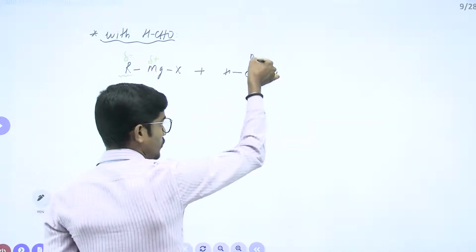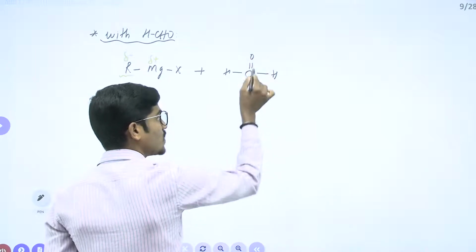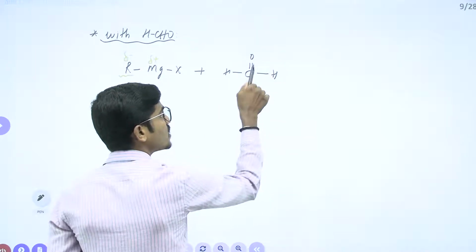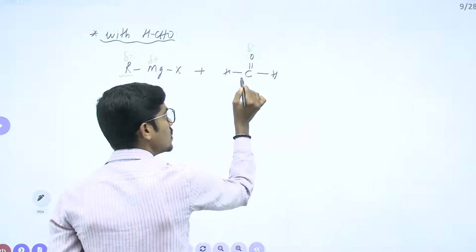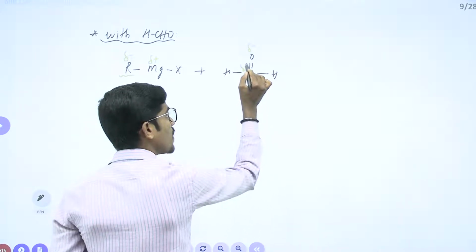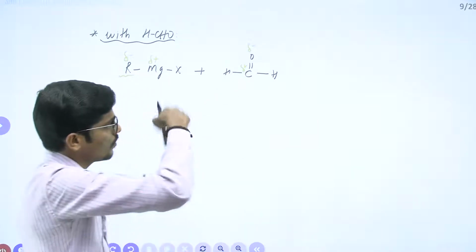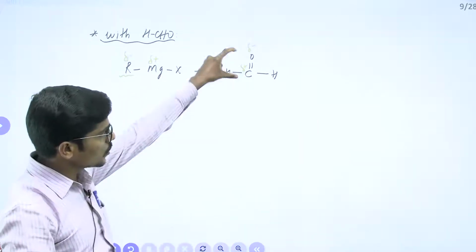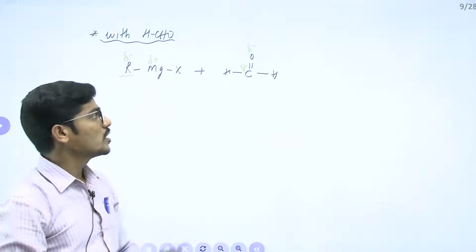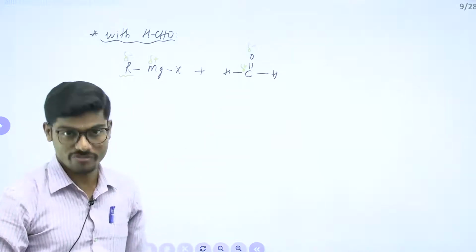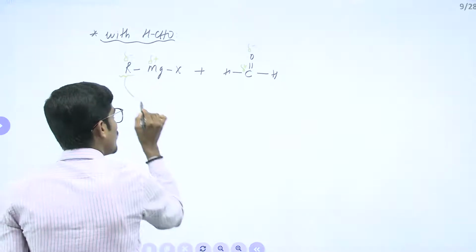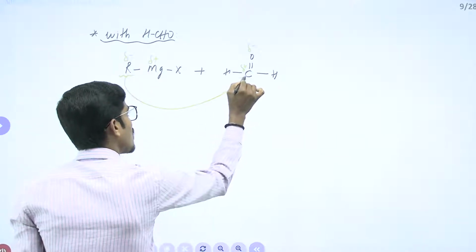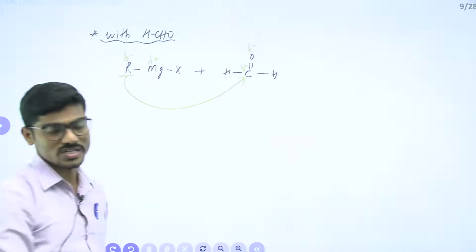And as we know, this carbonyl group is an electron deficient center because of the more electronegative nature of oxygen. So this carbon will get a partial positive charge. The bond is polar. The carbonyl group is the reactive part. Where the carbon is electron deficient, what happens here? This R group will attack the electron deficient center, that is carbon.